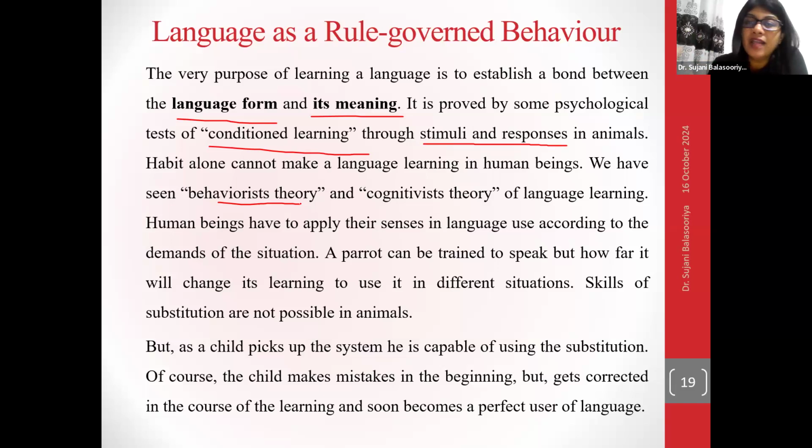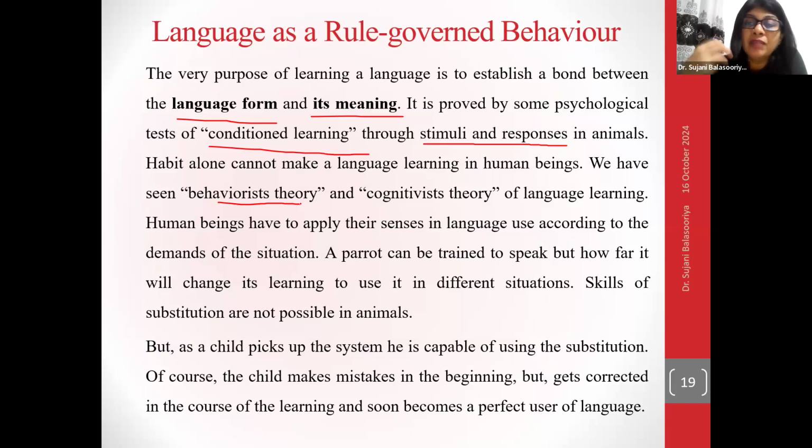A child acquires language by responding to the stimulus provided to that child. Responding can happen in different ways. Mostly, responding means imitating what is being said to the child by the parents or caregivers or the adults who are surrounding that child.